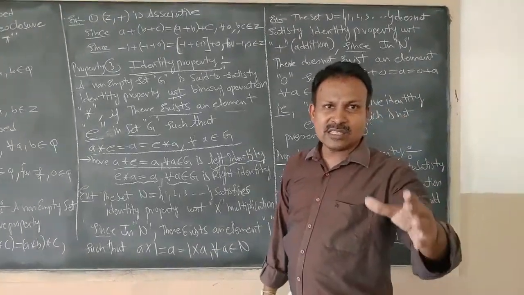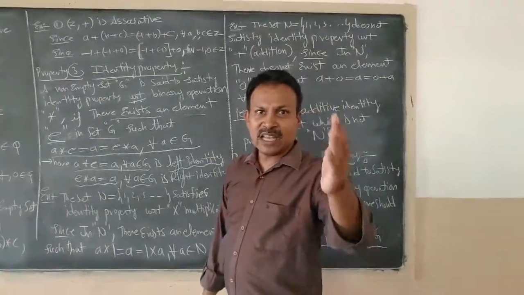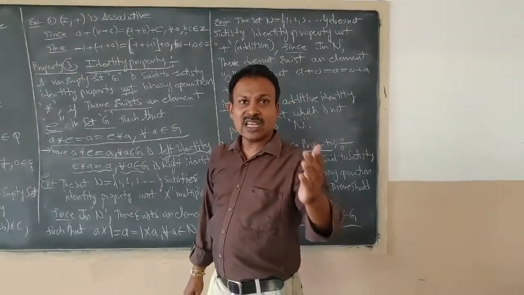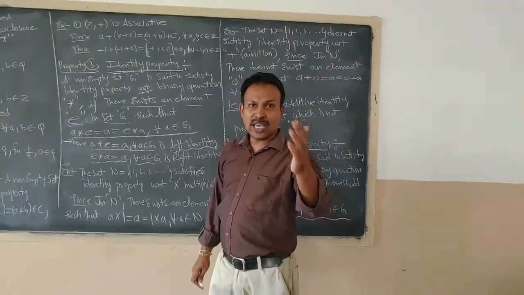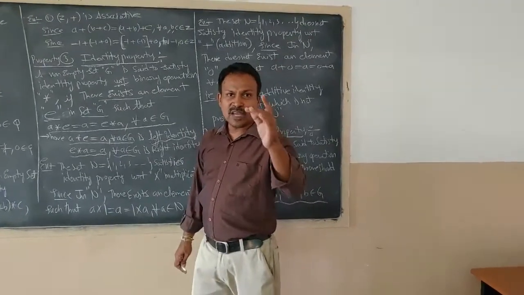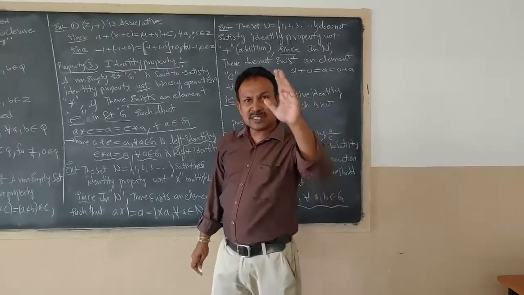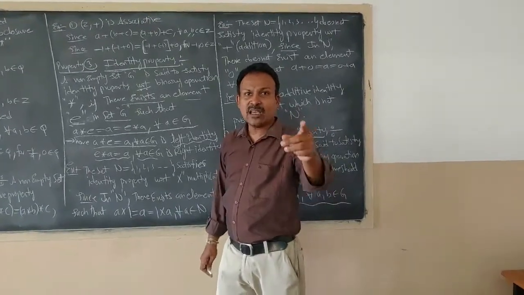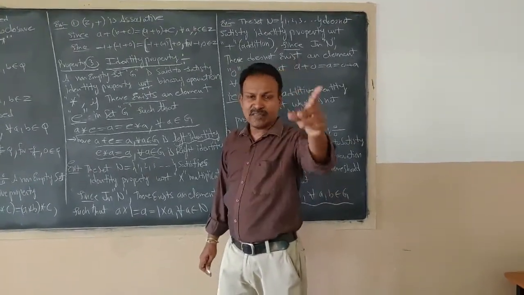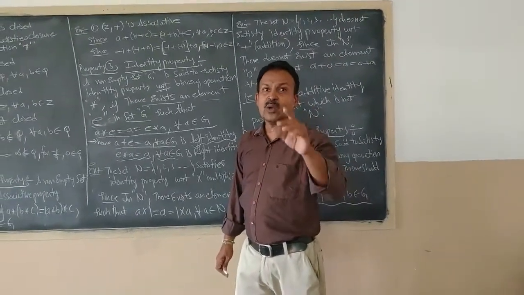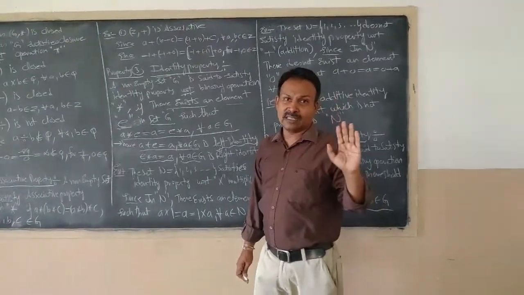A non-empty set G is said to satisfy identity property if there exists an element E in set G such that A star E is equal to E star A for every A belonging to G. It is identity property. Right. The first half, A star E is equal to A, is left identity, and the next half, that is E star A is equal to A, is right identity.